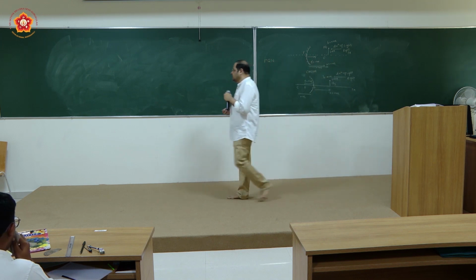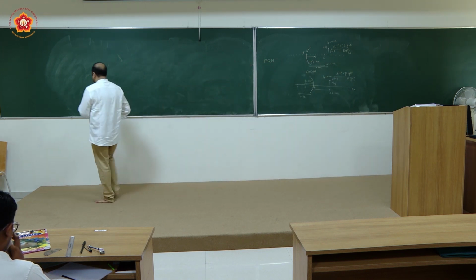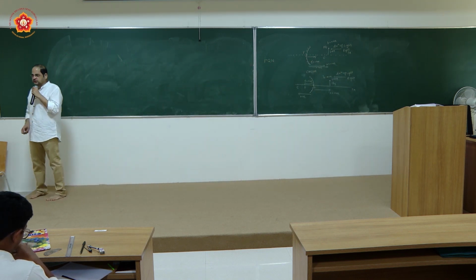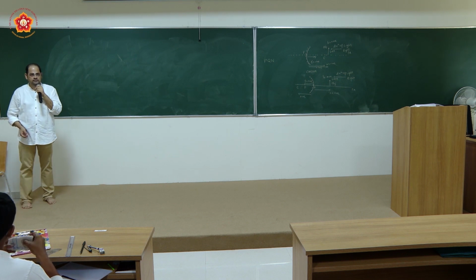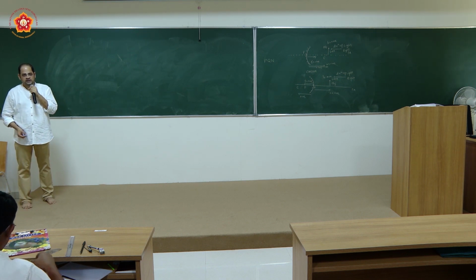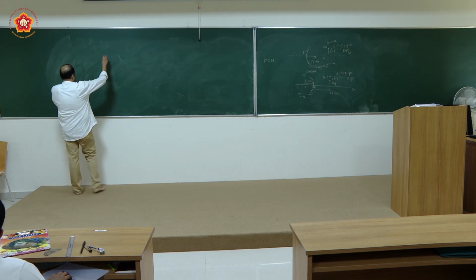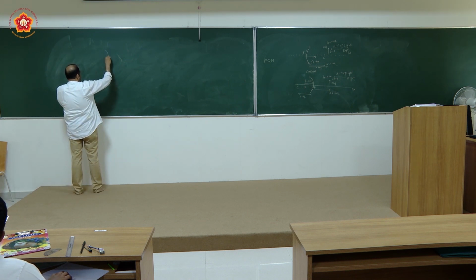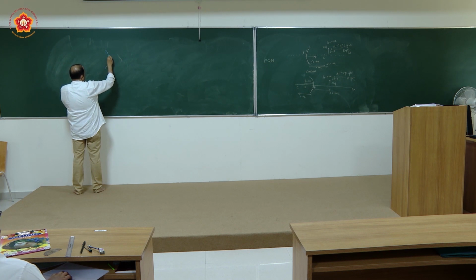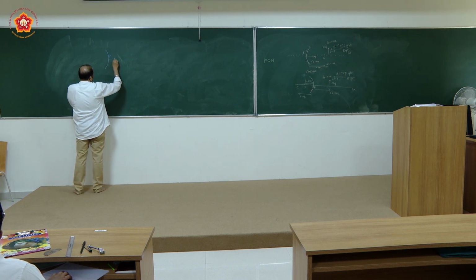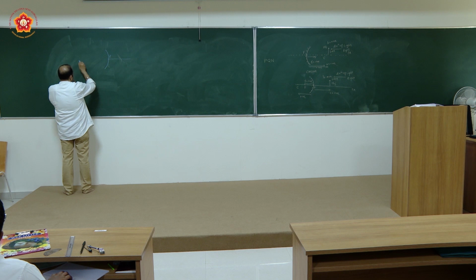Now, in what direction should I consider the light to be traveling? It is always to be considered as traveling from left to right. So for a concave mirror, I will show this as the mirror. This is the concave mirror with this point as P. This is representing the principal axis.